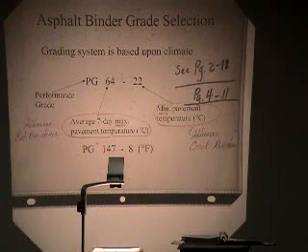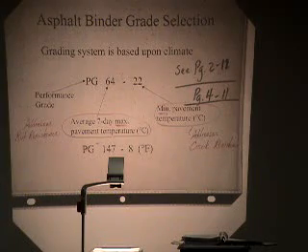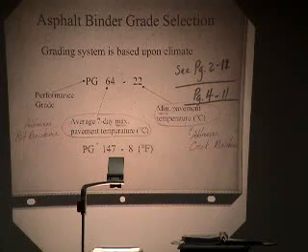We did that for many locations throughout North Carolina, and it turns out that for the most part, on the high end of the scale, PG 64, and that's degrees Celsius, which is about 147 degrees Fahrenheit, would suffice for most of North Carolina.